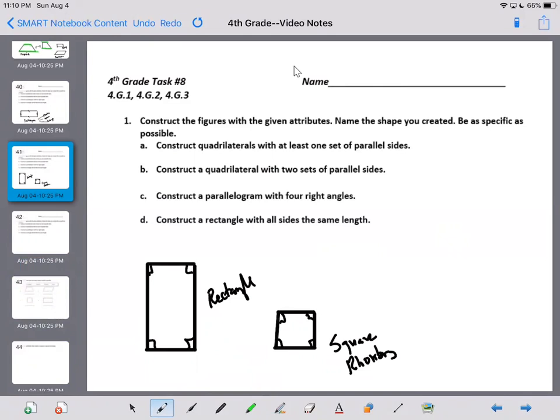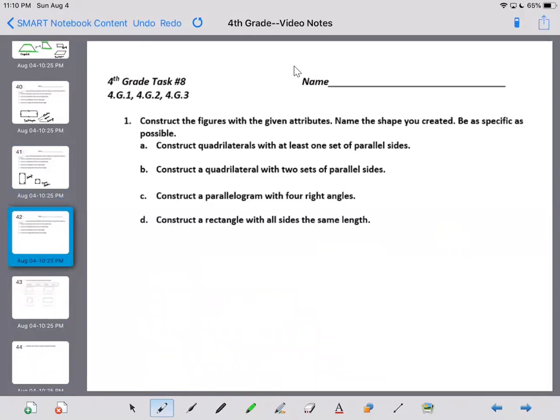And then finally, construct a rectangle with all sides that are the same length. And a rectangle with all sides of the same length, remember that can be, that's not a great square, but that's what I'm trying to draw. And if it has all right angles, it could be a square, which is the same as a rectangle, which is the same as a rhombus.